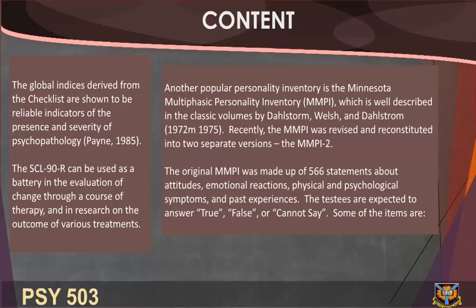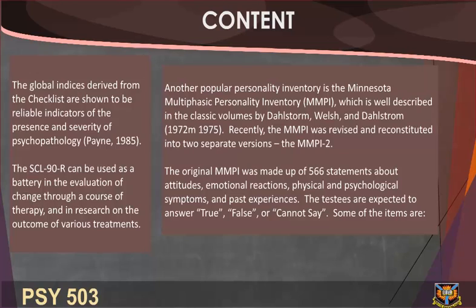Recently, the MMPI was revised and reconstituted into 2 separate versions, the MMPI-2. The original MMPI was made up of 566 statements about attitudes, emotional reactions, physical and psychological symptoms, and past experiences. The testees are expected to answer true, false, or cannot say.